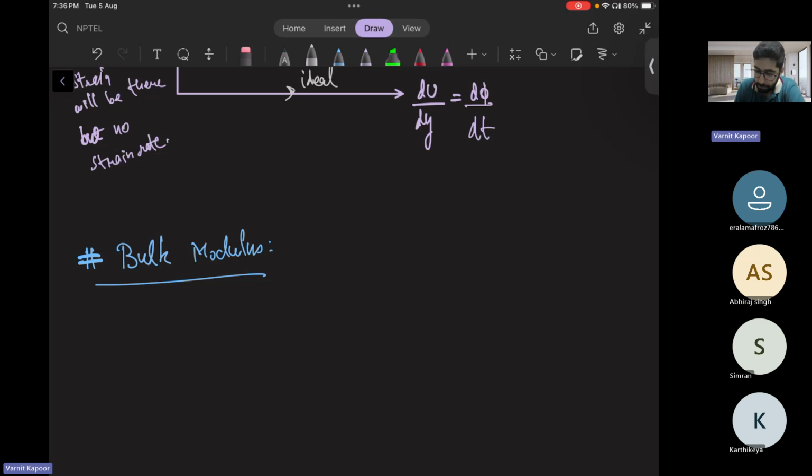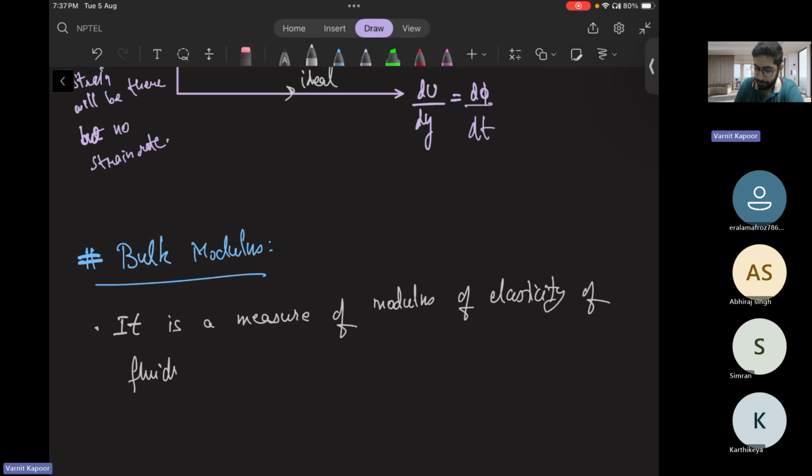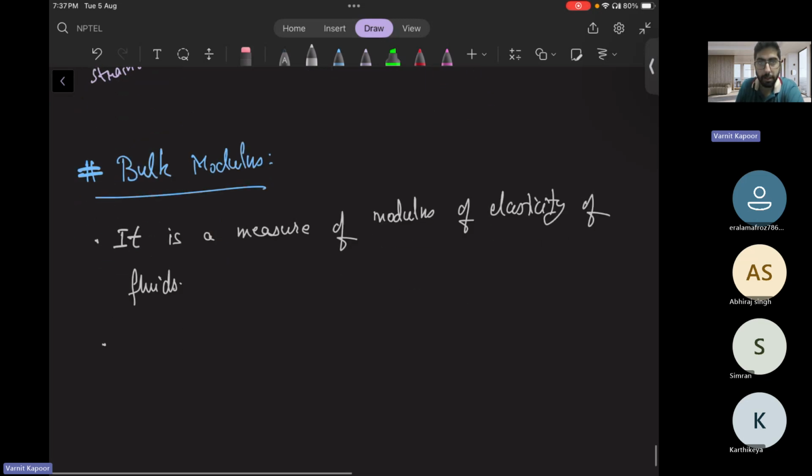So it is a measure of the modulus of elasticity of the fluid. It is the inverse of compressibility.